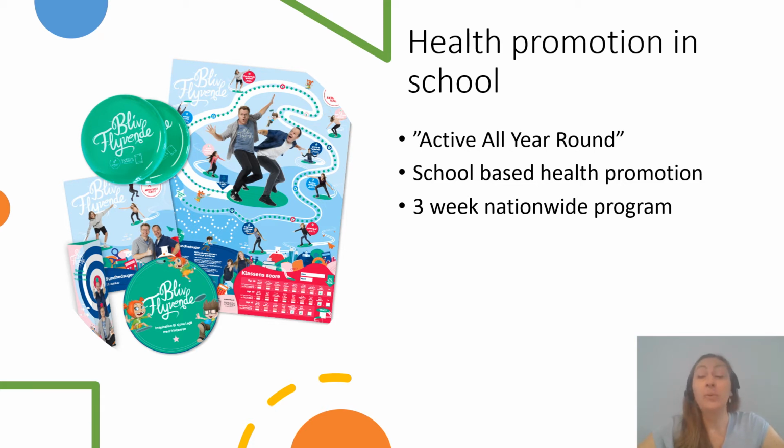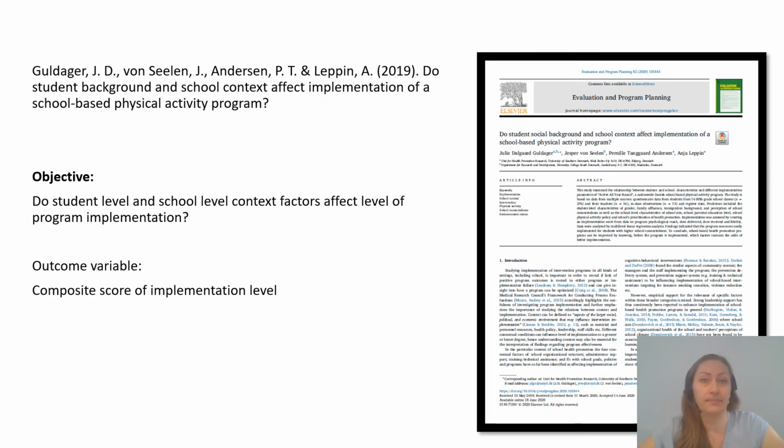For our study, we wanted to investigate first to which degree the program was implemented at the school, so how much they actually used it. And secondly, we wanted to find out if student background and school context affected the implementation. From this work, we have published a paper which you can find online in case you want to dig into the details.